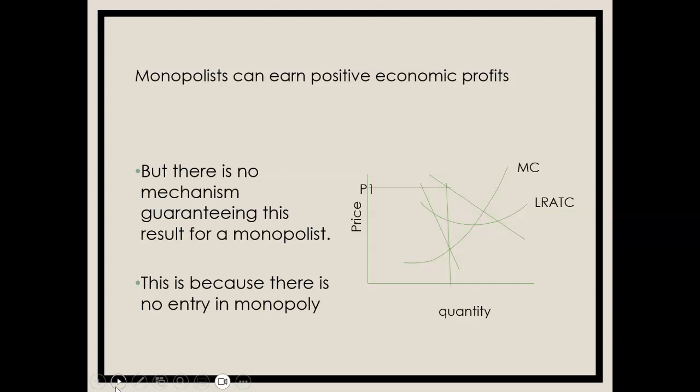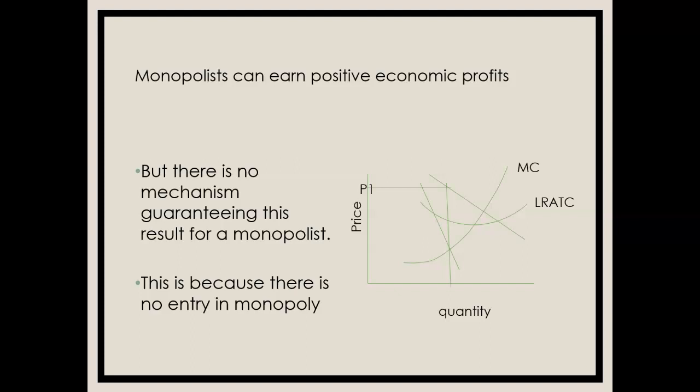Notice over in the diagram at the right there, we found the point where marginal revenue equals marginal cost, and then found the price corresponding to that level of output from the demand curve, which is P1. Notice that P1 at the optimal quantity is greater than long-run average total cost for that level of output.